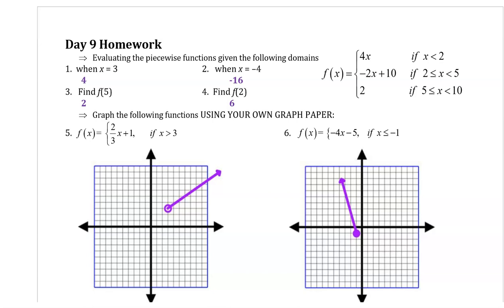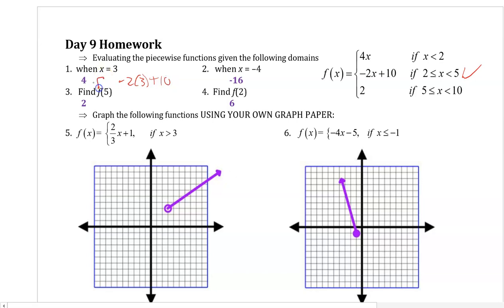So on number 1, here we have f of x broken into 3 parts. When x equals 3, we see that 3 is obviously between 2 and 5, so we apply 3 into negative 2 times x, which is 3, plus 10, and evaluate.